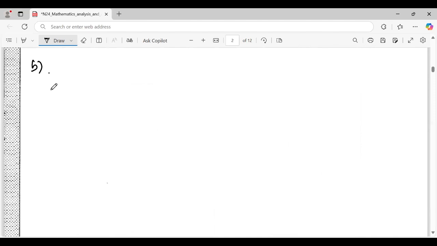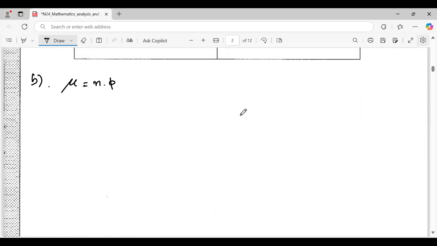First we need to determine the mean. Mean is n times p. P is the proportion, which is the percentage 22.4, so the proportion equals 0.224.